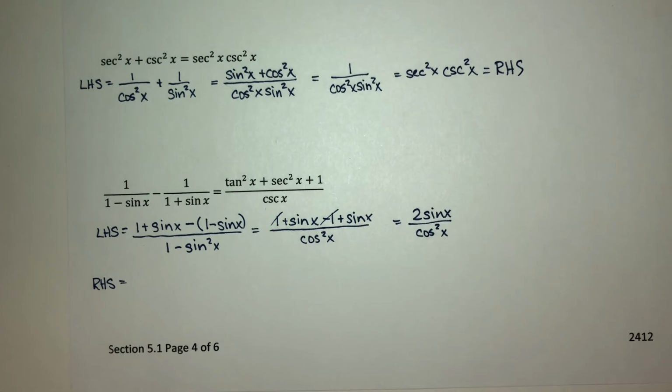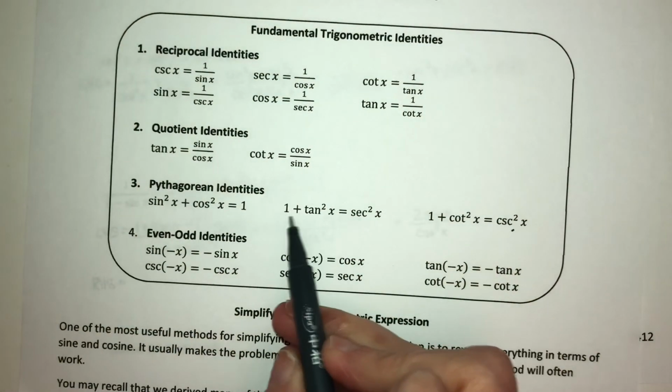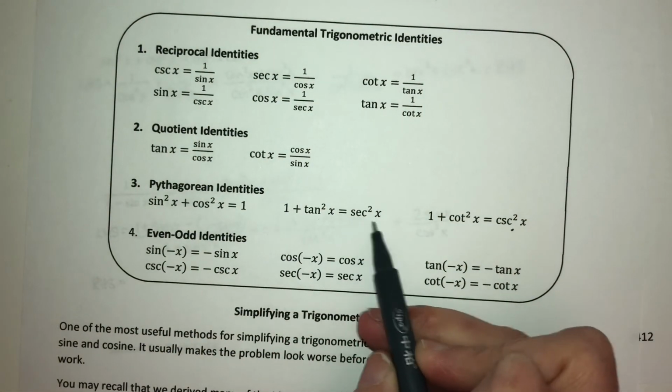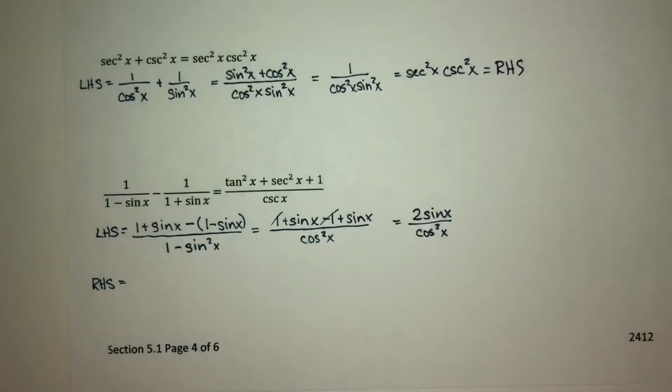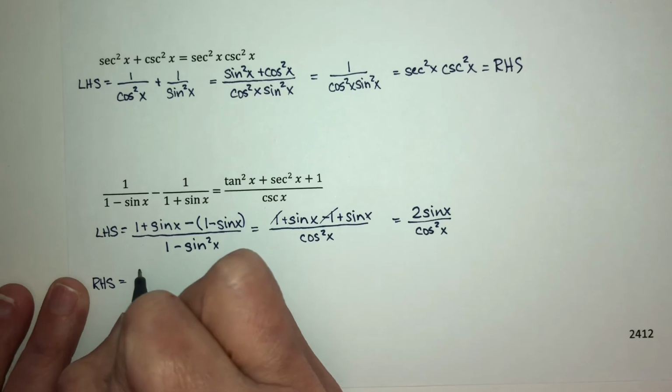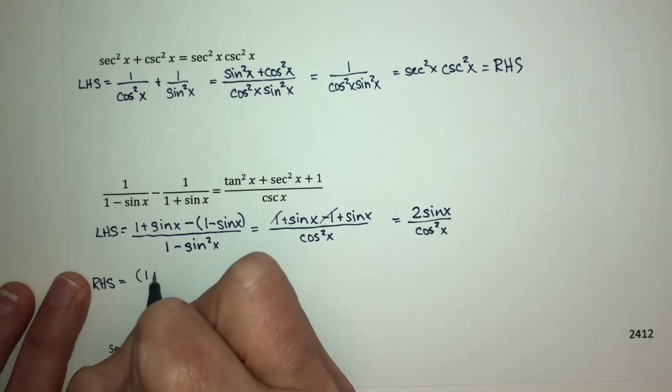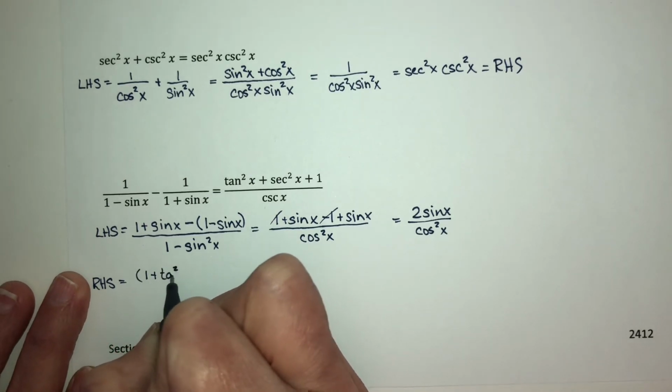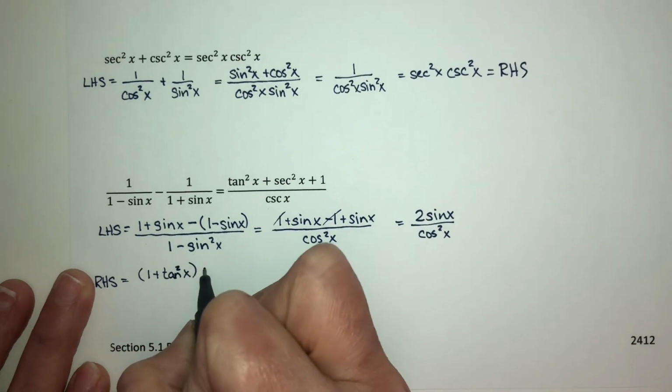Now, for my right-hand side, I have tangents and secant squared and cosecants. I have a lot of things in here. Okay, but one of my Pythagorean identities is 1 plus tangent squared is equal to secant squared. I have a 1 plus tangent squared. So just to make it a little bit clearer, I'm rearranging the top here and putting this in parentheses so you can see a little bit better what's going on.